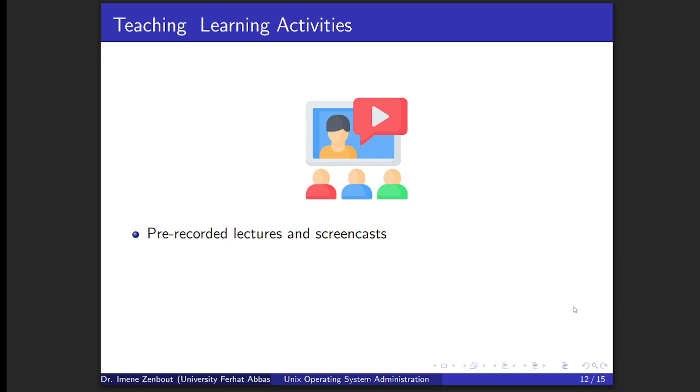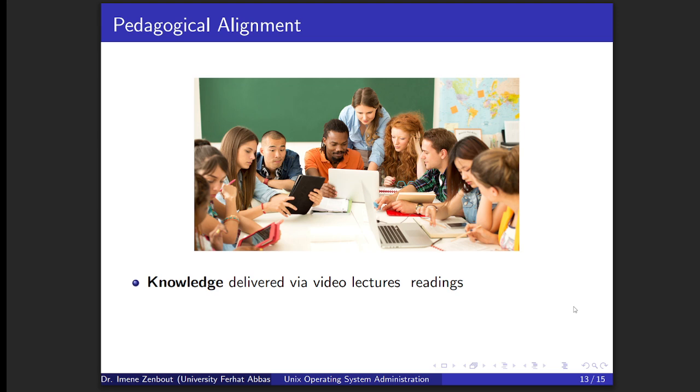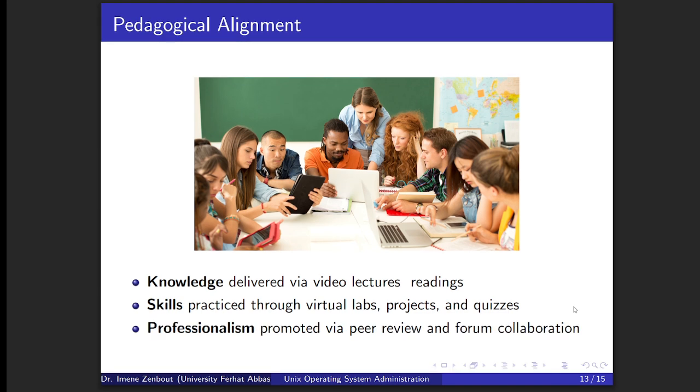The learning activities and teaching are delivered through pre-recorded lectures and screencasts, virtual labs and command line interface-based practice, automated quizzes with instant feedback, peer forum discussion, and peer-reviewed assignments. Aligning the pedagogical aspects of this MOOC: knowledge is delivered via video lectures, skills are practiced through virtual labs, projects, and quizzes, and professionalism is promoted via peer review and forum collaboration.